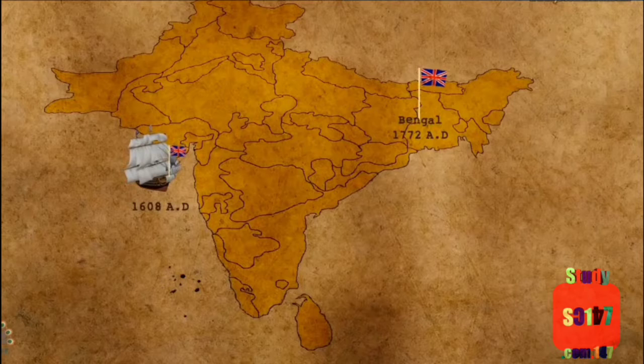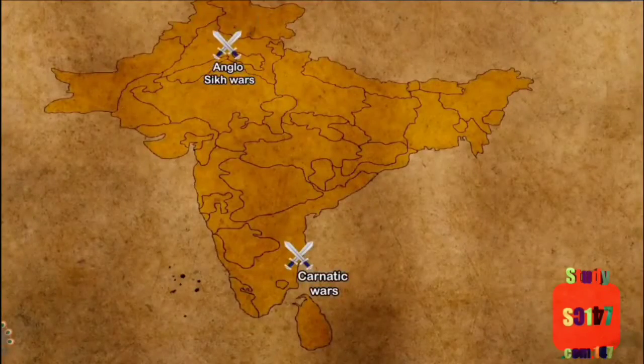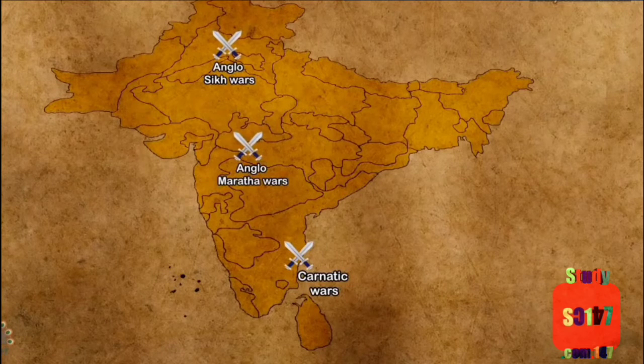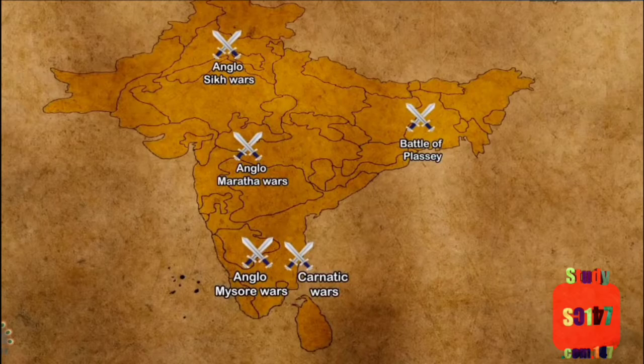Its motto was to derive benefits out of Indian territories rather than improving the lives of the people. The British introduced many expansionist and unjust policies to fulfill their intention of becoming a political power in India.